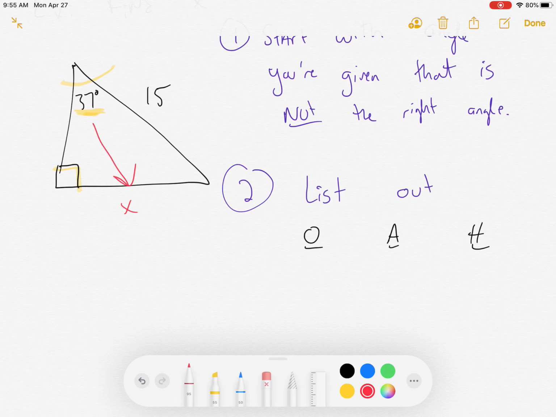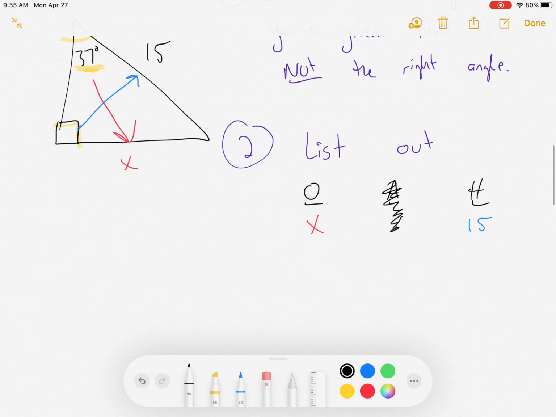What's opposite? X. Now, 15, is that adjacent or the hypotenuse? Well, I know that it is across from the 90-degree angle, making it the hypotenuse, 15. Now, you might be saying, well, Mr. Adler, I don't have an A value. What do I put for A? You don't need it. You only need two when you're given the angle and the sides.